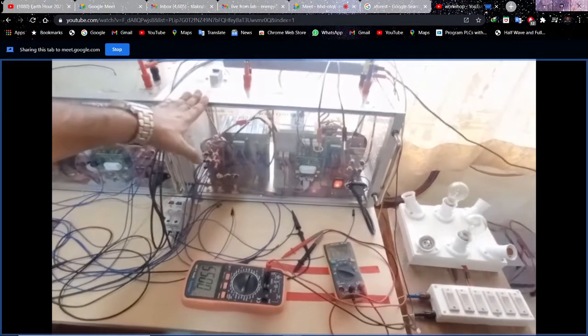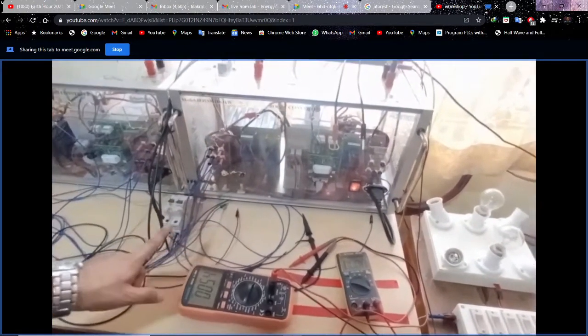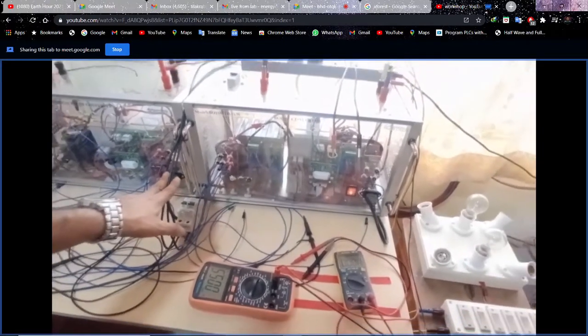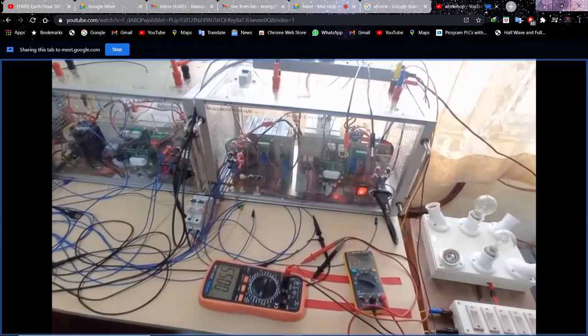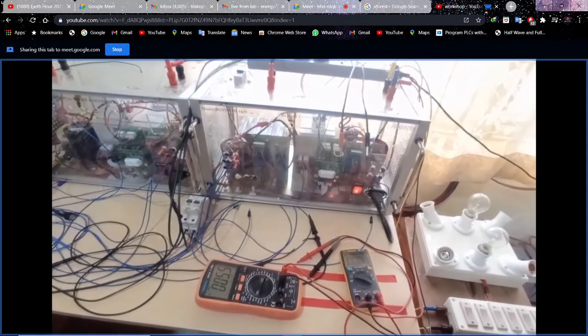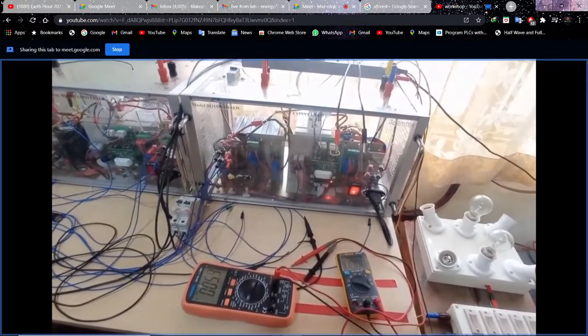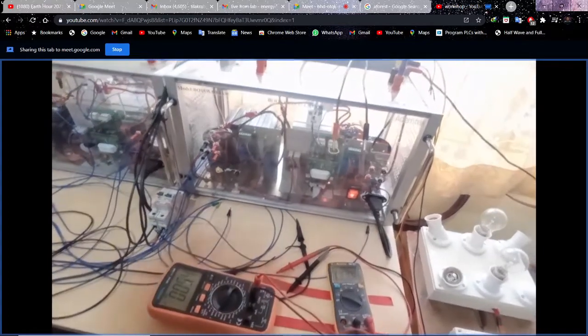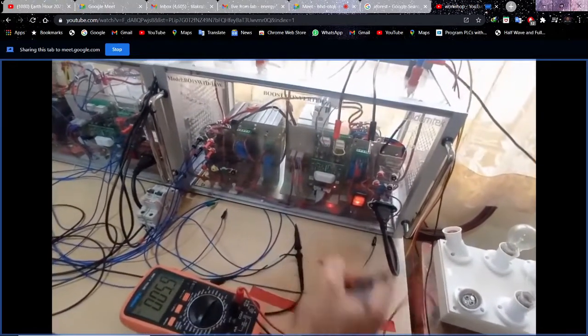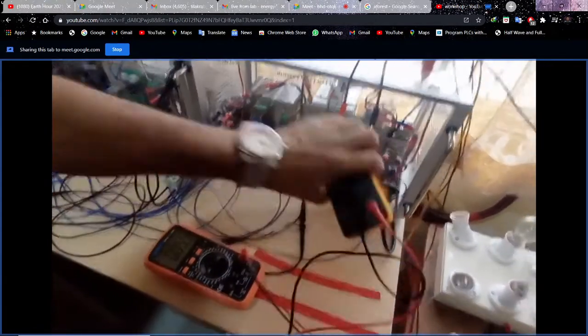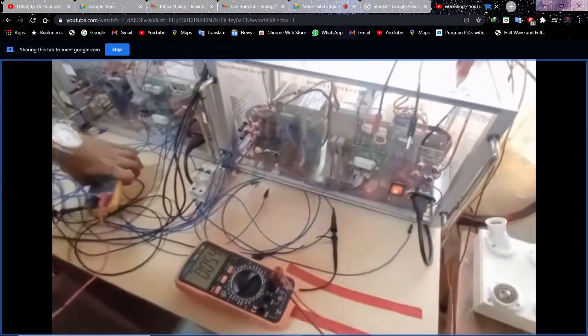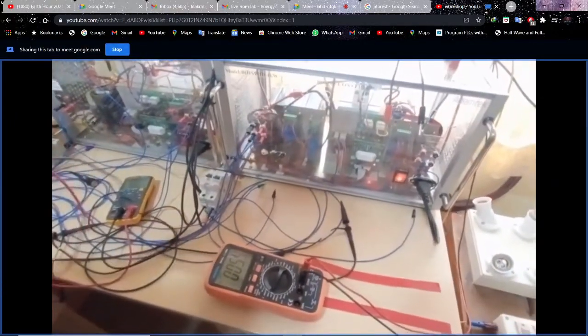Okay, this is our boost converter where we are taking voltage from the solar panels. There are 3 solar panels, around 40 volt each, so it will be 120 volt total. That 120 volt is coming at this MCB.